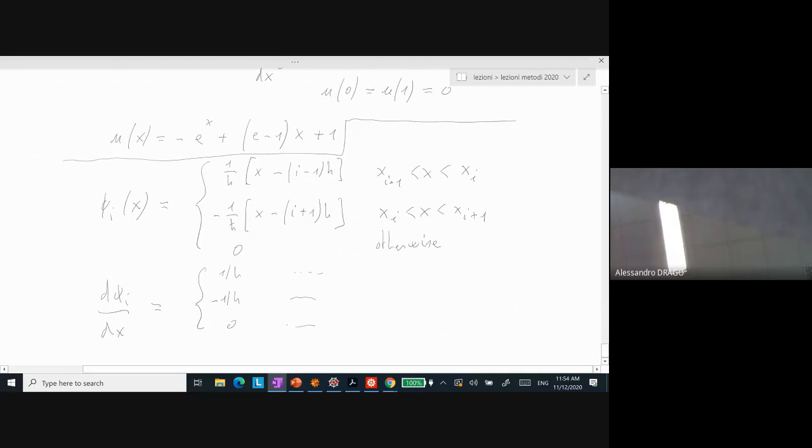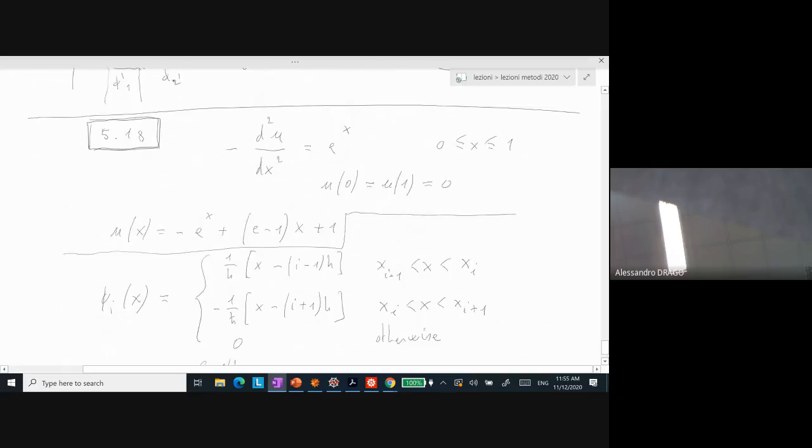So in this specific case, let's go back to the equation. In this equation, k is equal to 1.